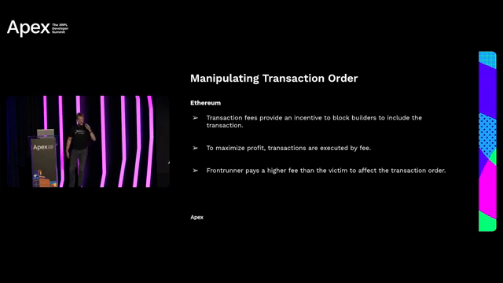The other reason is to provide incentive to block builders to do their work. So to maximize their profits, block builders execute transactions by their fee, from the most expensive to the least expensive. So all the front-runner has to do is pay a higher or lower transaction fee than the victim, and that's how they can control where, in relation to the victim, their transaction will execute.